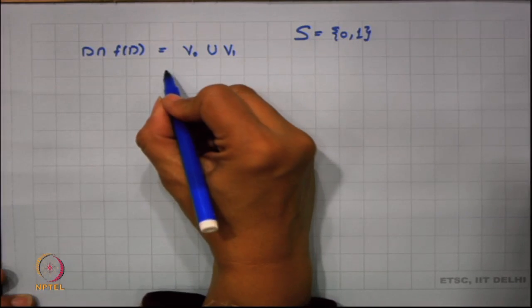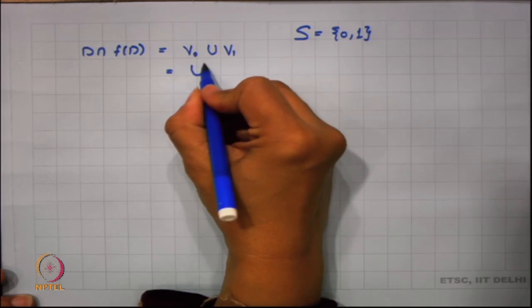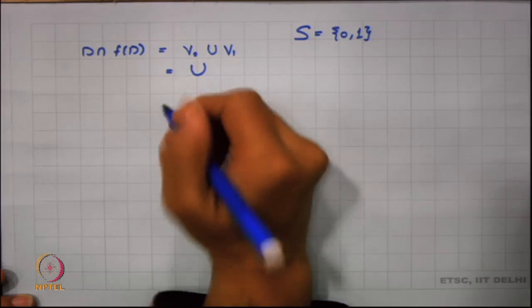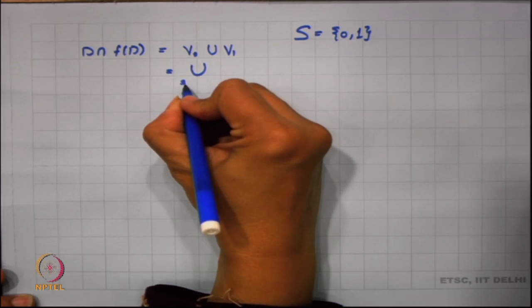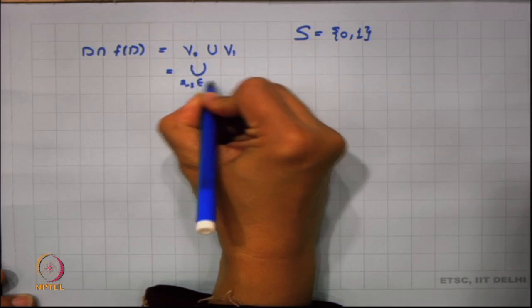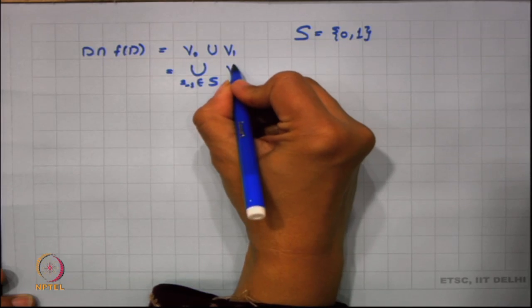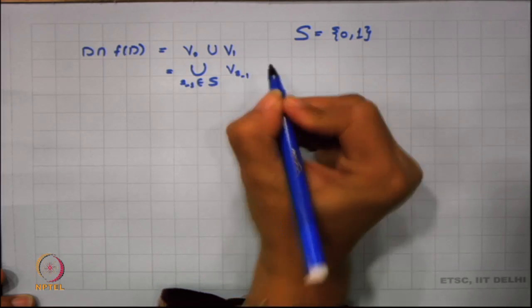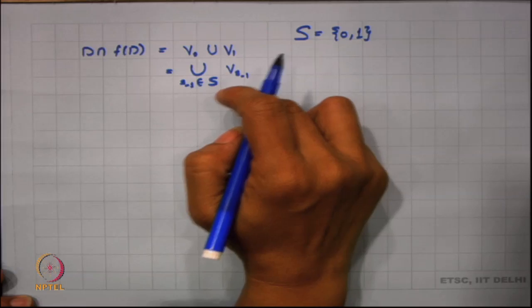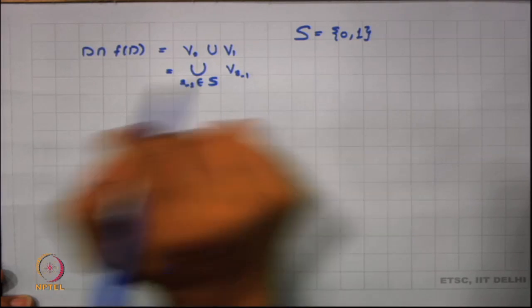Then this is my union of, indexing it in a very special manner, S minus 1 belonging to S, V S minus 1. So, this is my D intersection F of D.